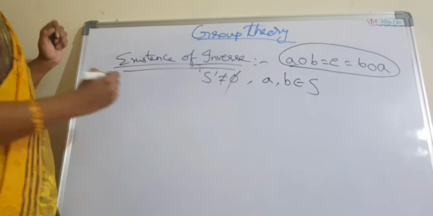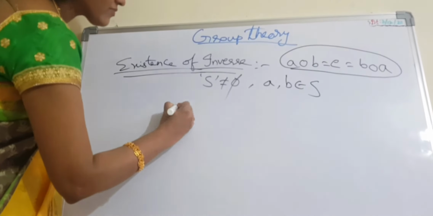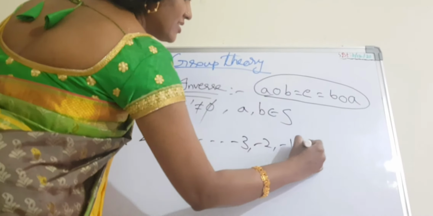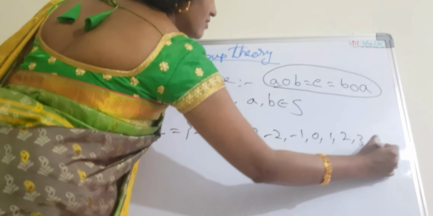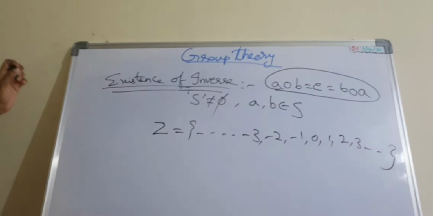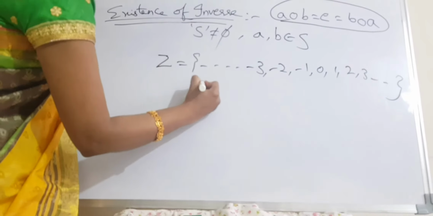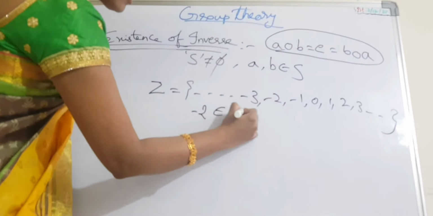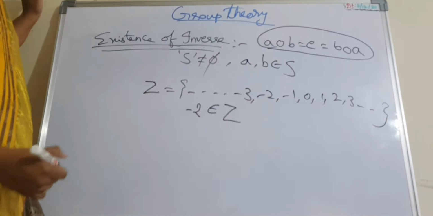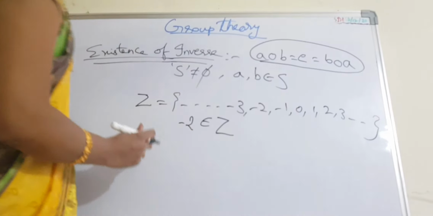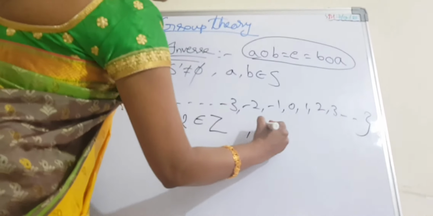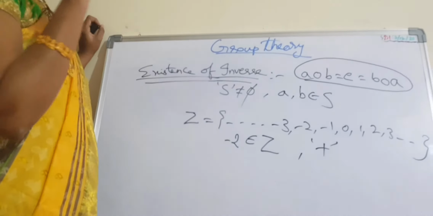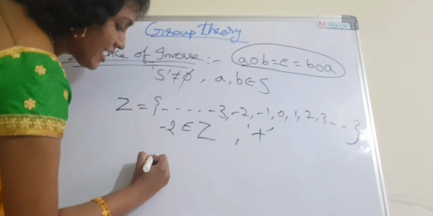I am taking the integers Z, the integer set. Here I am taking the element -2, which belongs to Z. With respect to plus, what is the identity element? 0. 0 is the identity element.